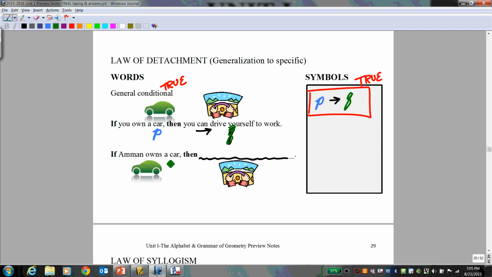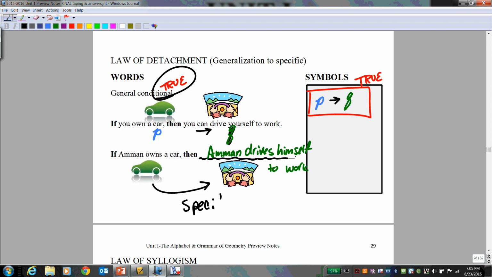Conclusion, if Amon owns a car, then Amon drives himself to work. If you have a general conditional that's true, then the specific is true. Looks like this. If the whole general is true and P by itself is true, then Q by itself is true.